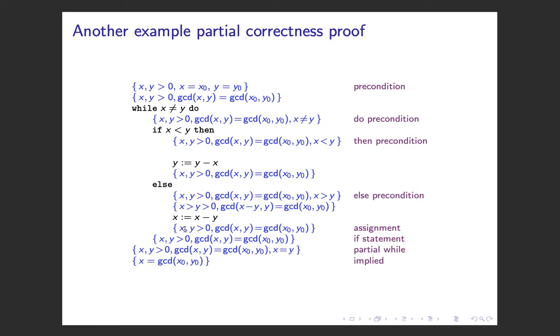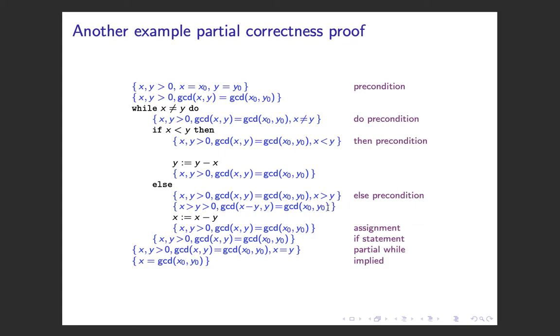So x minus y and y both being greater than 0 is the same as saying x is greater than y is greater than 0. And we also, substituting x minus y for x, get that the greatest common divisor of x minus y and y must be the greatest common divisor of x0 and y0. That's just this equality with the substitution in.